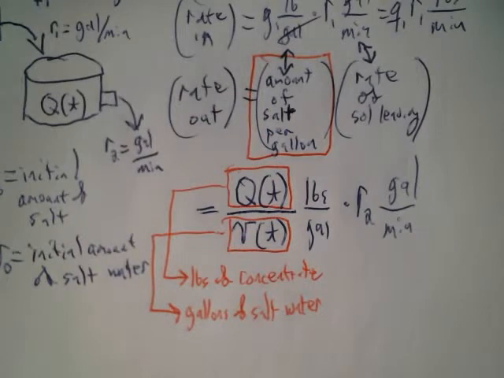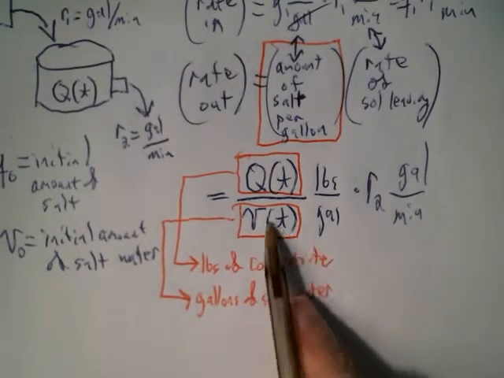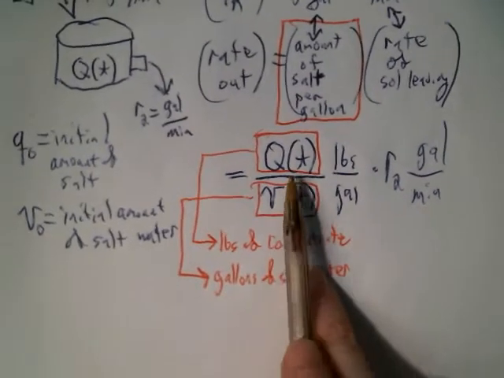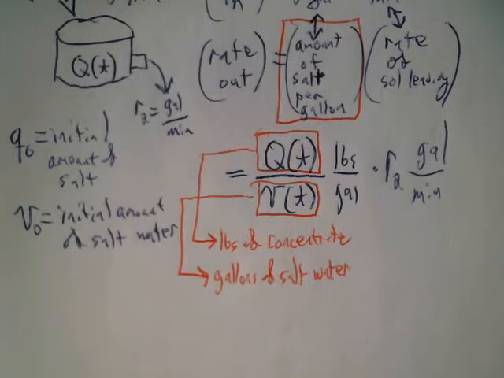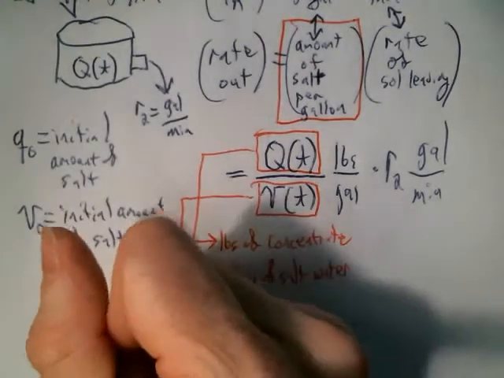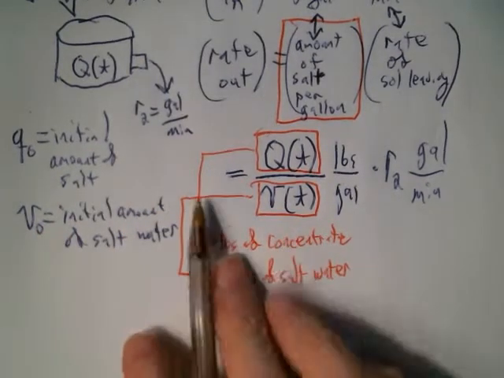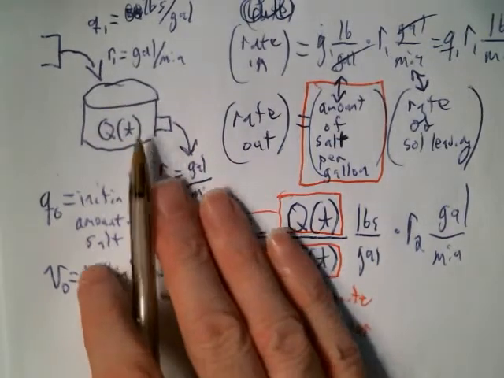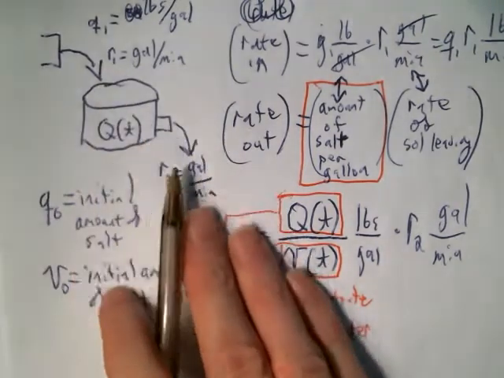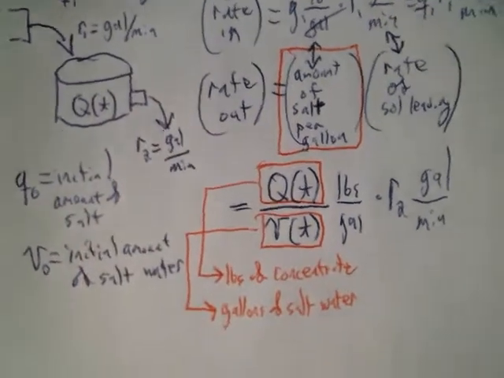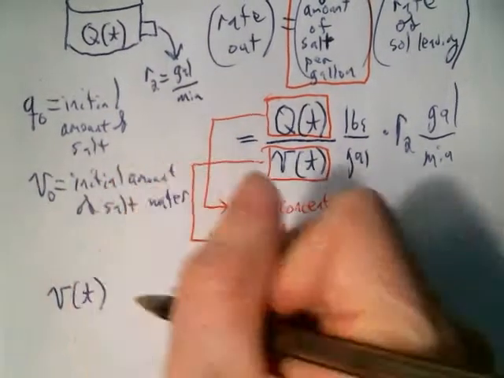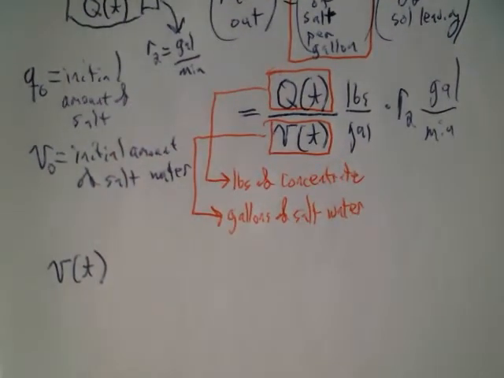So I need an equation for V of t, the amount of salt water in the solution at any given time t. You can feel it out: the rate of change of the gallons of salt water will be the difference between the rate in and the rate out. But you can also just go at it using points of given information.